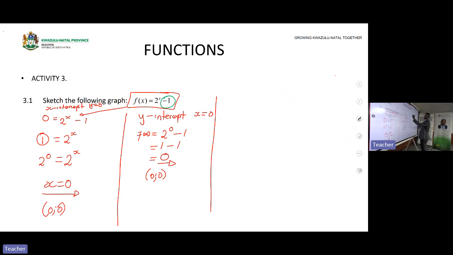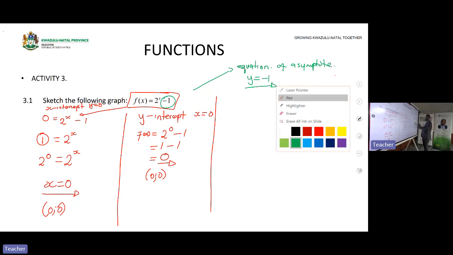Then this will mean our equation of asymptote is y equals -1. So it's important to take note that in an exponential graph, you have the horizontal asymptote.